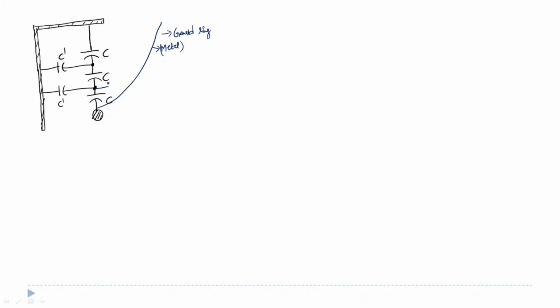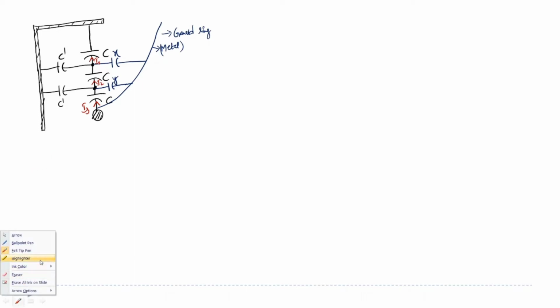Let us assume this capacitance as Y, and this capacitance as X. Now let us see how this guard ring will neutralize the effect of the shunt capacitance C dash. So this is the voltage, I am using the same currents: this is the current I3, this is the current I2, and this is the current I1.